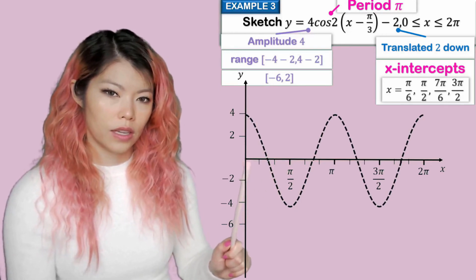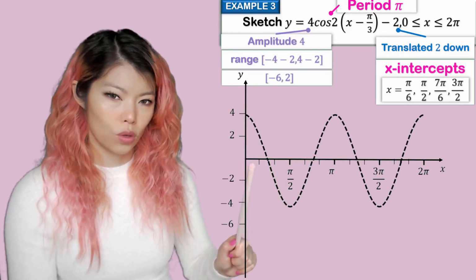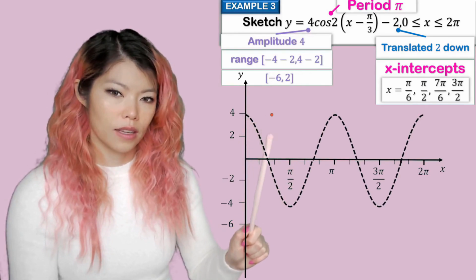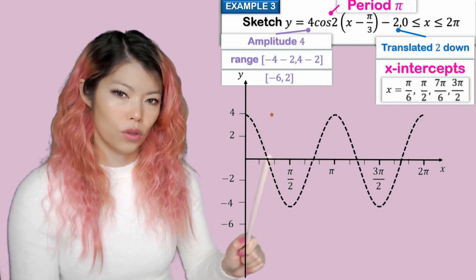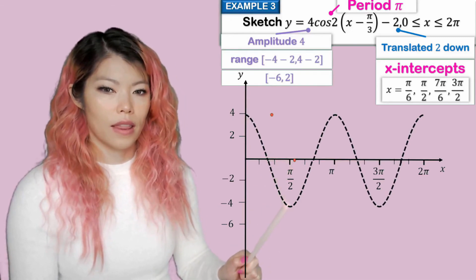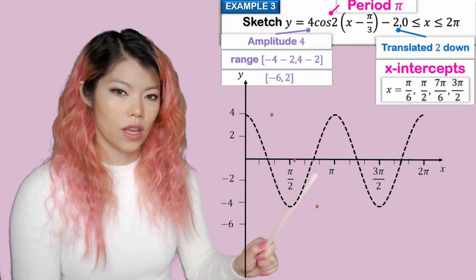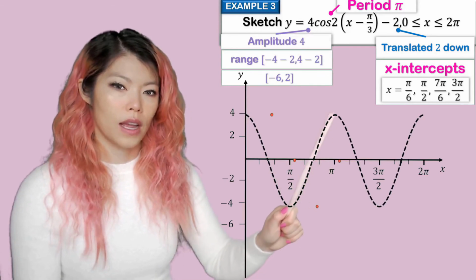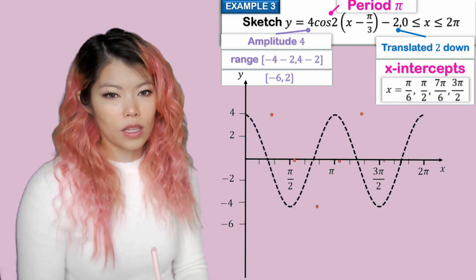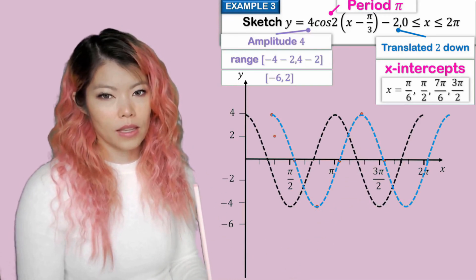A third is 2 of these dashed lines. So that dot there will move 2 dashed lines. That x-intercept will move 2 dashed lines, so 1, 2 over here. And that there will move 2 dashed lines over there. That one will do the same, and that over there will do the same, etc. So the translated graph will look something like this.